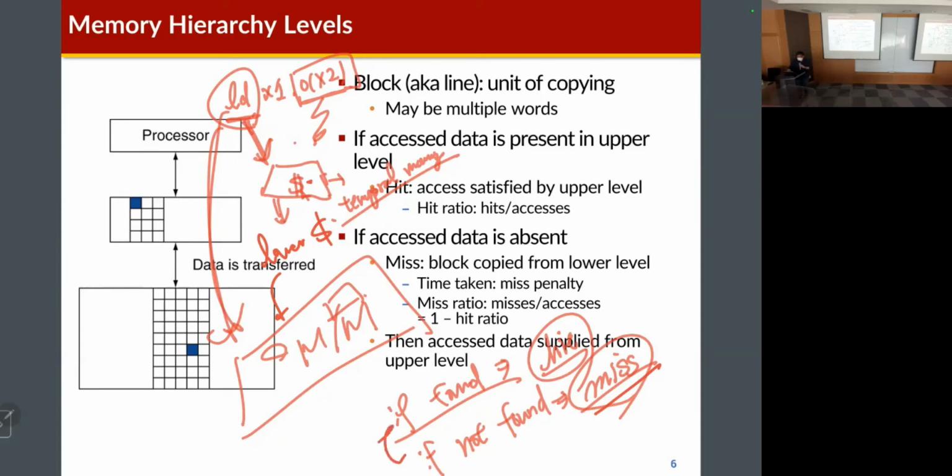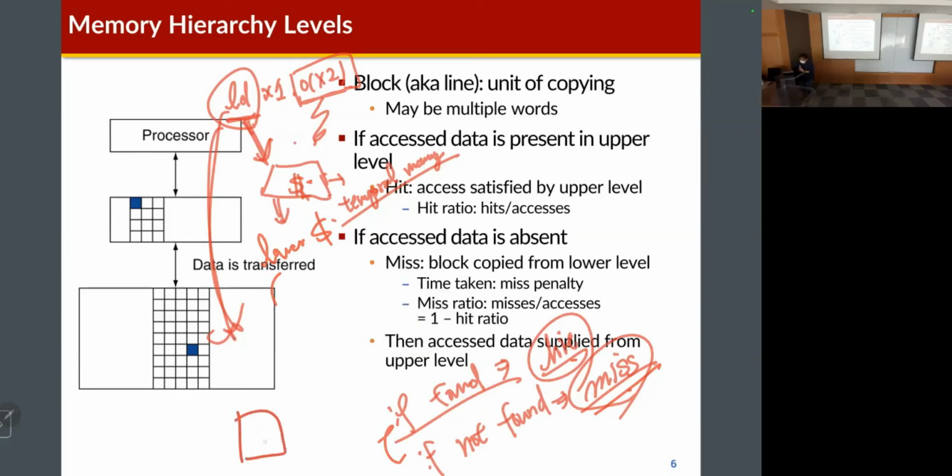So there are two possible cases, hit or miss. Okay. So we can define the hit rate like this. This is the memory, like a cache, and we can access memory for some load and store instructions.